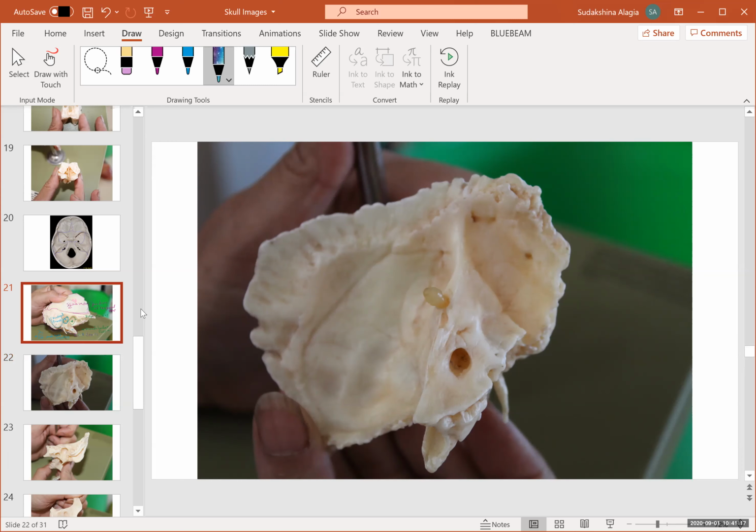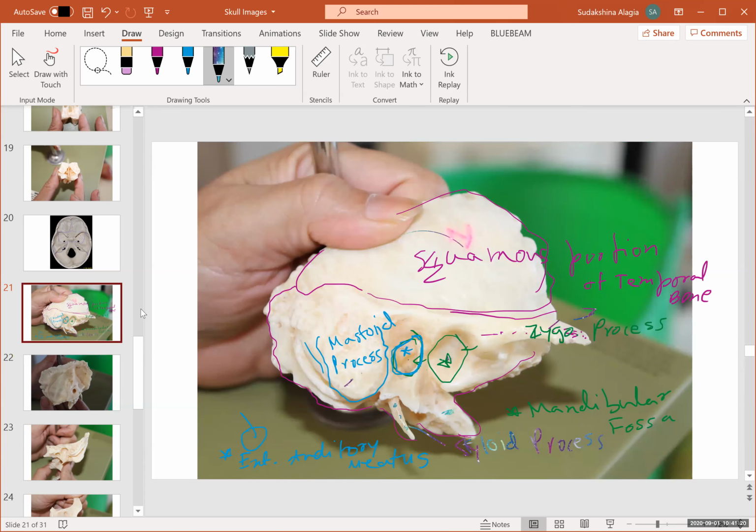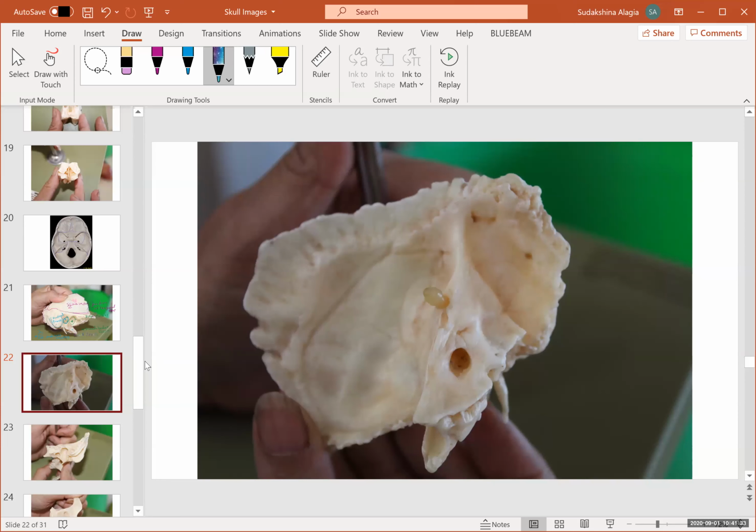So the external auditory meatus, what we looked at here, is basically this part of the temporal bone, where your auditory canal will be. At the end of that, not really exactly the end, but it looks like the end. The end is actually around here.